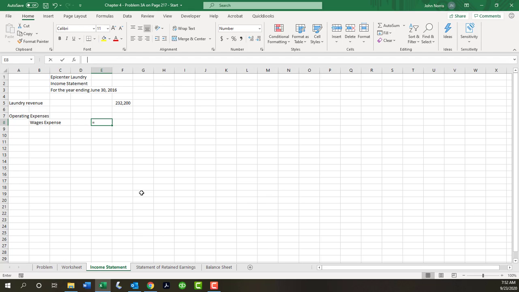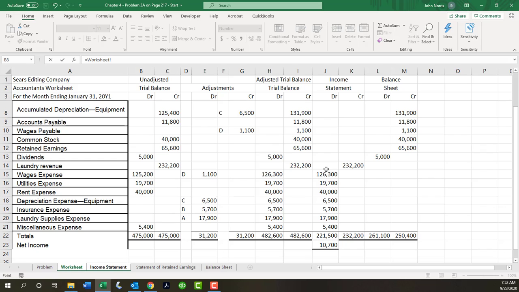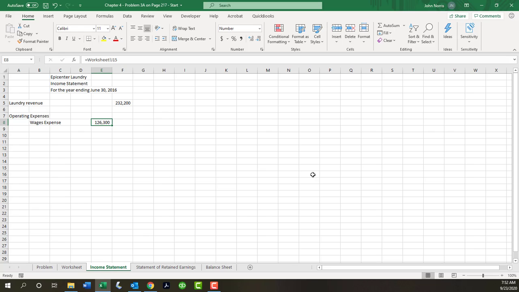And we can total those up, pulling, and as you can see, I'm pulling not just the numbers into the income statement, but I'm also pulling the words. So there's the total.